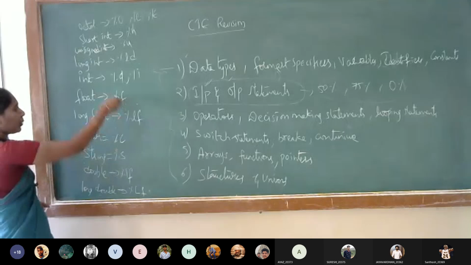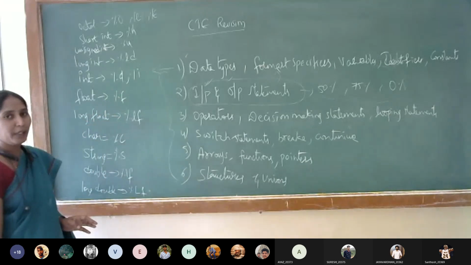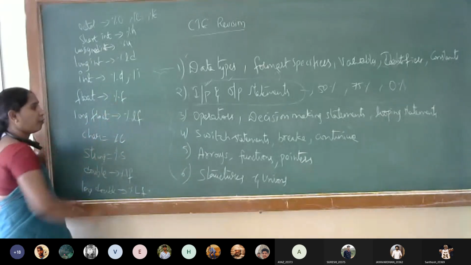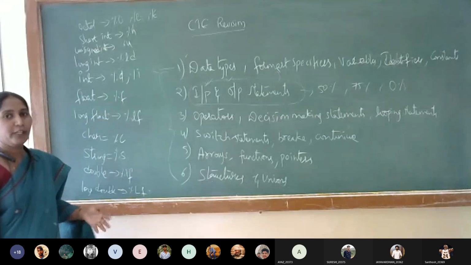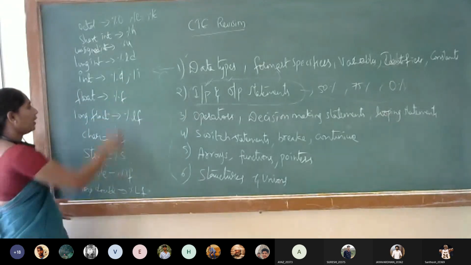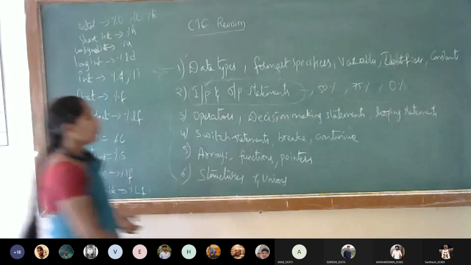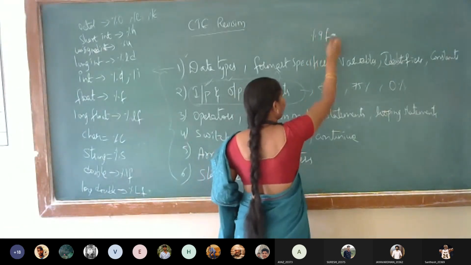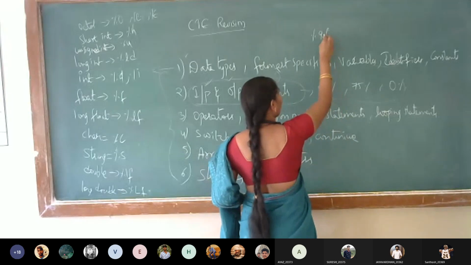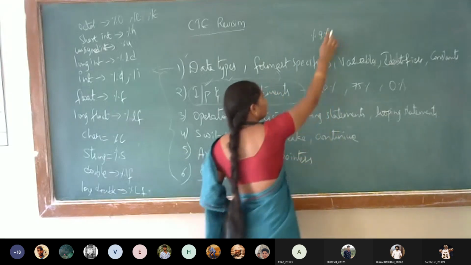Before the format specifier, in between the percent sign and the specifier, whether it is d, i, o, x, l, lf, whatever it may be, I can specify a particular width, like %9f or %9.2f.